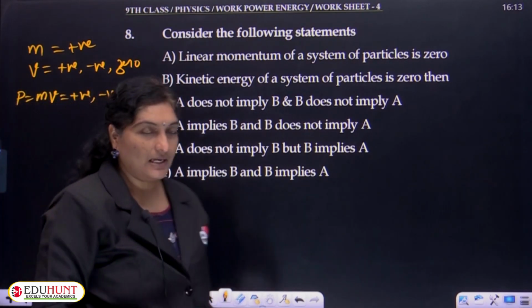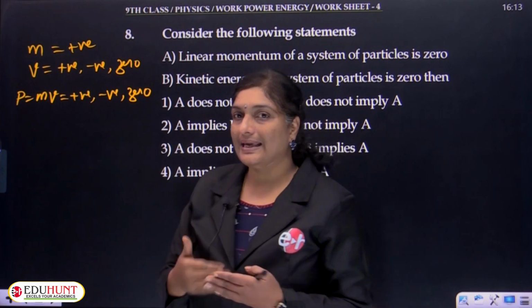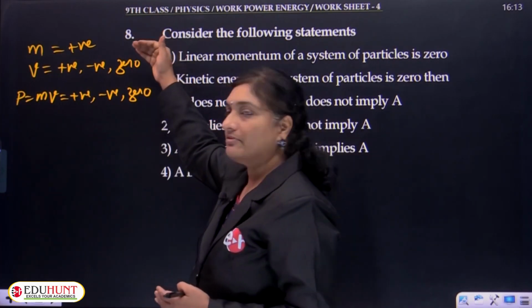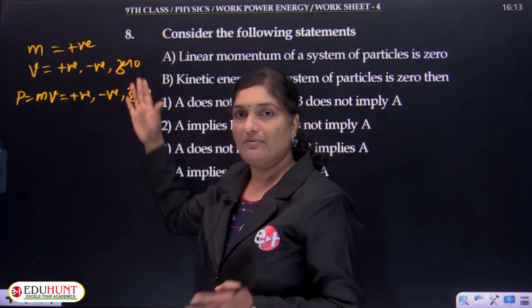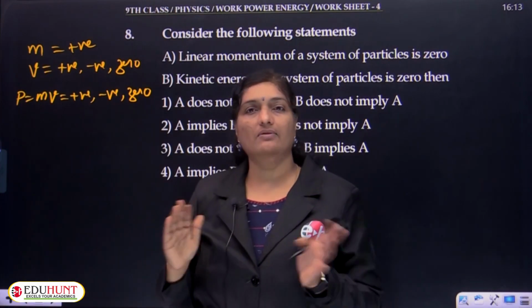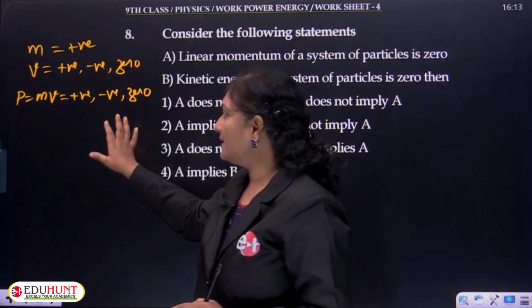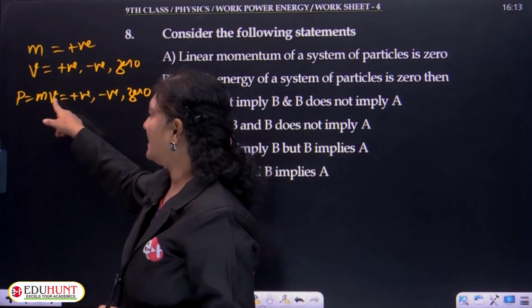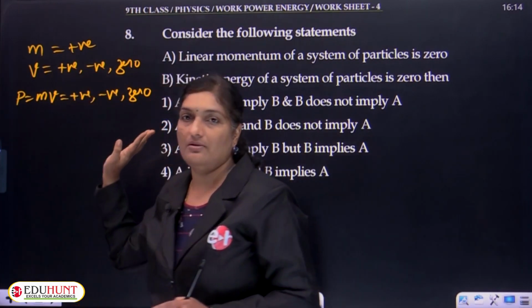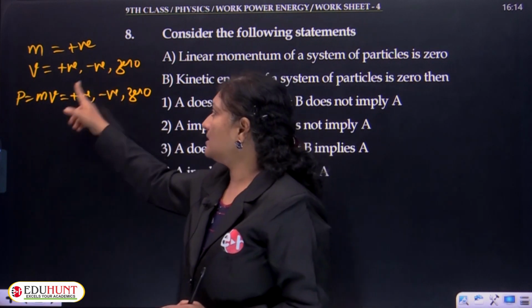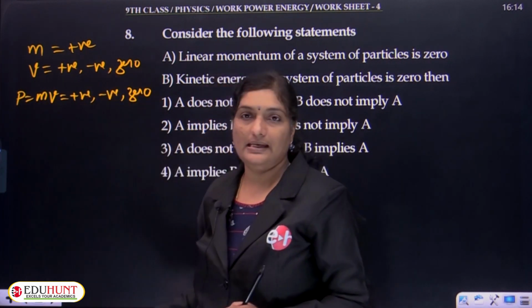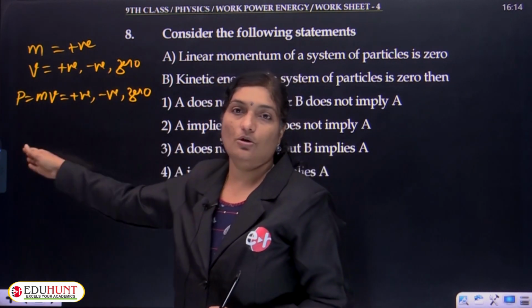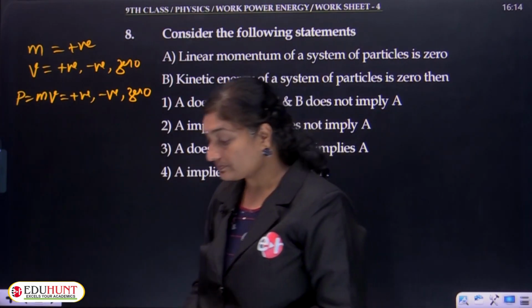Children, I repeat, the mass of a body is always positive, but the velocity of a body can be positive, negative or 0. And hence, the momentum of the body is the product of the two. So, if velocity takes a positive value, momentum gives a positive result. If velocity takes a negative value, momentum will be negative. If velocity is 0, then momentum will be 0.